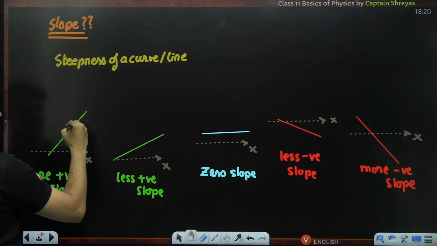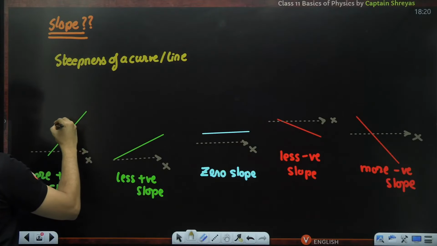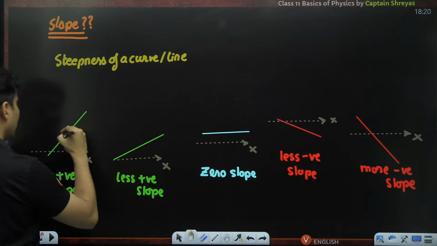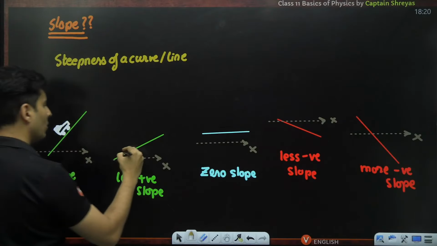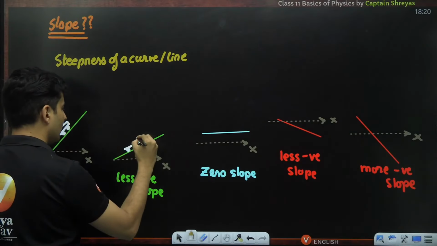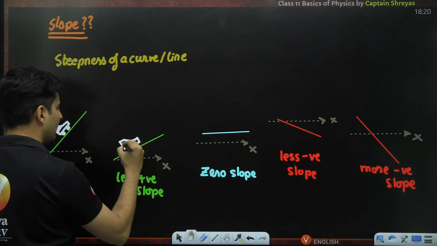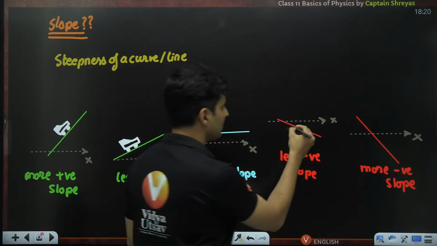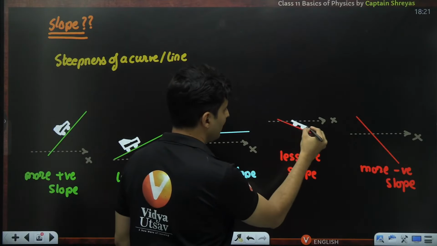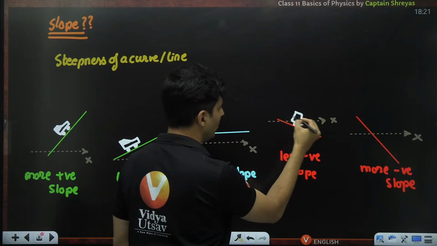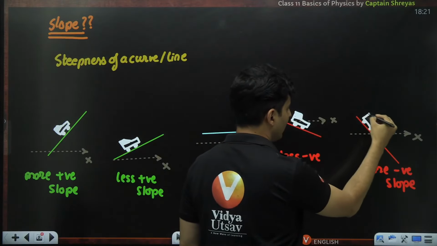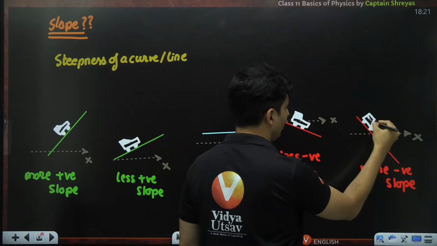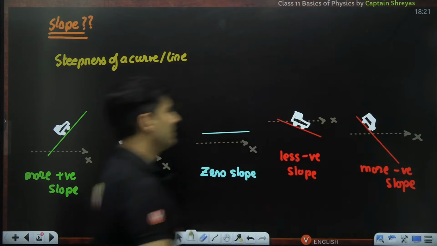If you imagine a vehicle, it becomes very easy to visualize what is more positive or less positive. Here, imagine that same vehicle going down. It is very easy for it to go down here, but here it will go down even faster, more negative slope. Is this clear, my dear students?